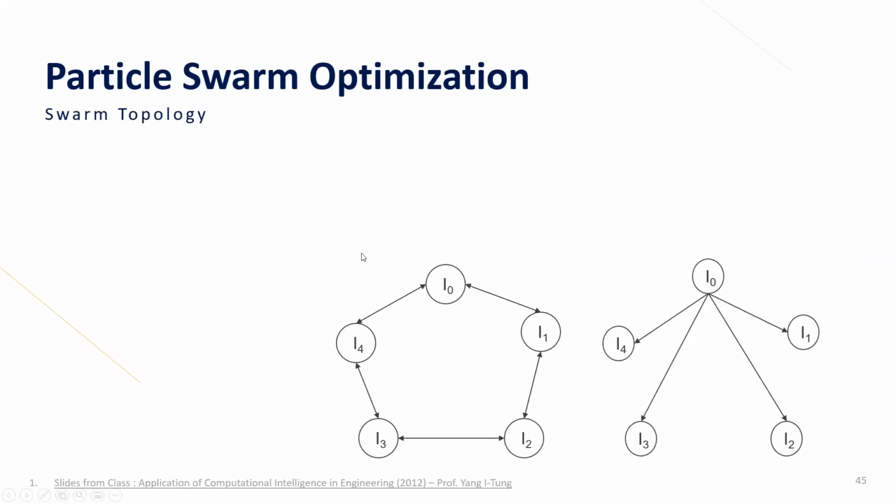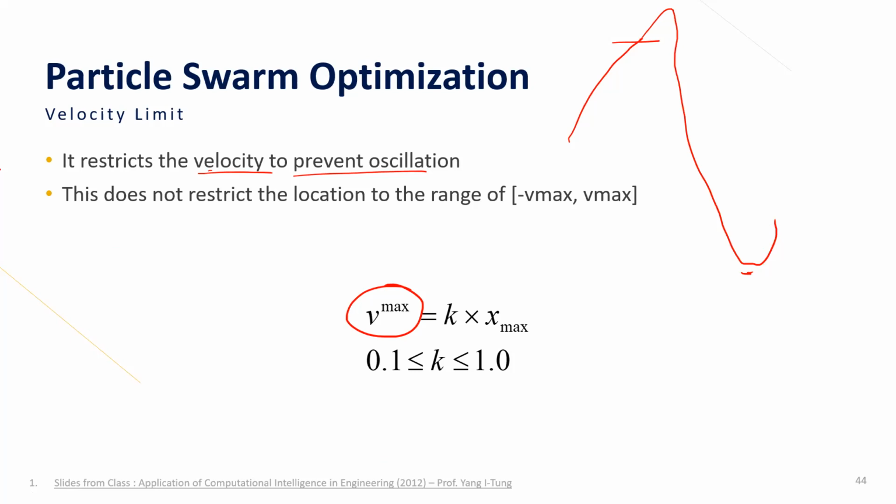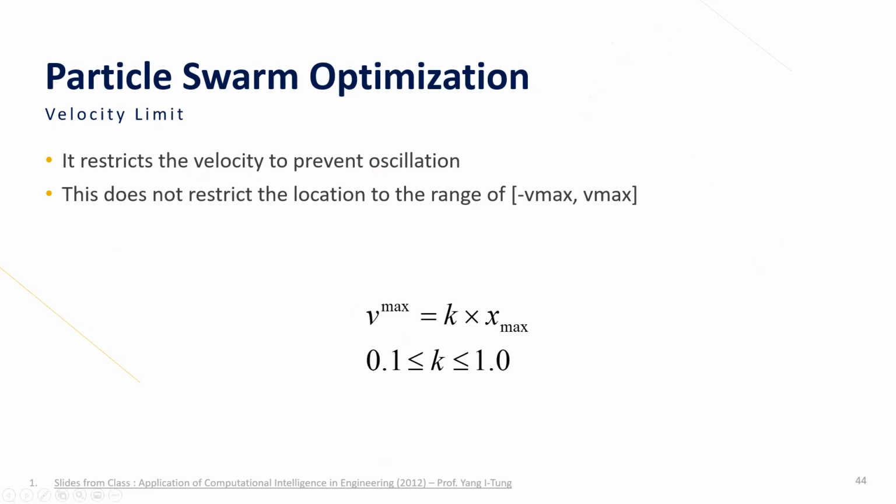About the velocity limit: it is similar to inertia, but instead of controlling part of the way you calculate the velocity, now you control the end result, the end velocity. Normally we restrict the velocity to prevent oscillation, because sometimes the velocity is too high and sometimes it is negative. So you need to make it more stable so the movement is smoother.